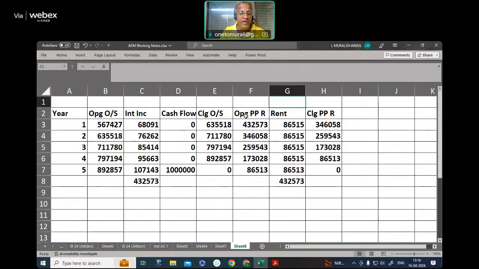This is the debit to P&L account. It will match for a period of 5 years, but they will not be matching on a one-to-one basis in each one of those years. So this is what you have for illustration number 25.